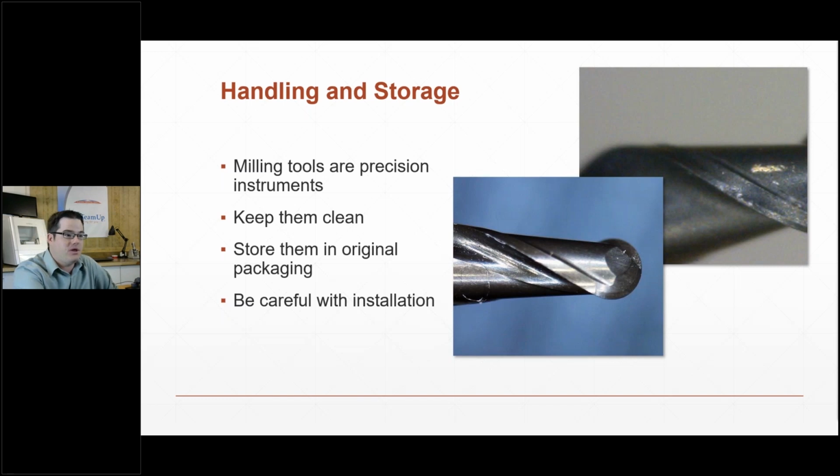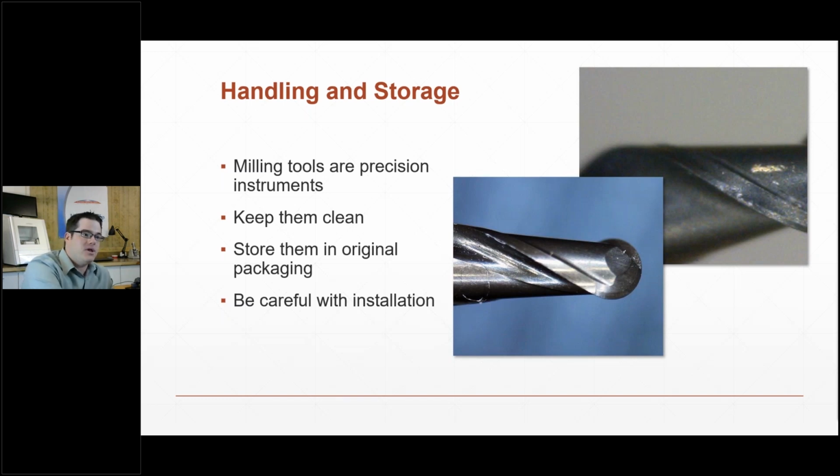In fact, you can see in this picture up here in the upper right, this is actually some brass that was on a tool that we inspected, and that's a telltale sign that we were impacting the tool holder on installation.